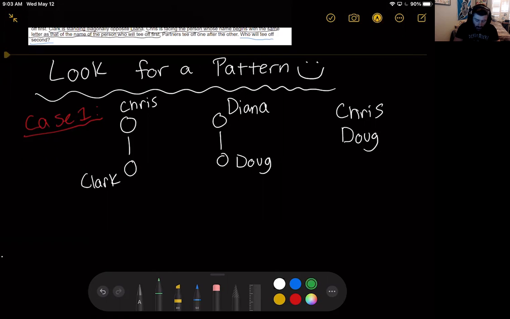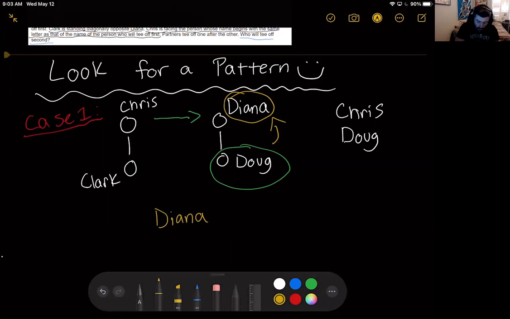So in this situation, Chris is facing Diana, and Diana has a D. Notice that she starts her name with a D. So the only other person with a D in their name is Doug. So Doug must go first. And Doug's partner is over here, is Diana. So that must mean Diana goes second, because partners tee off after each other. So in this first case, the person who goes second, and that's what we were trying to find, is Diana.